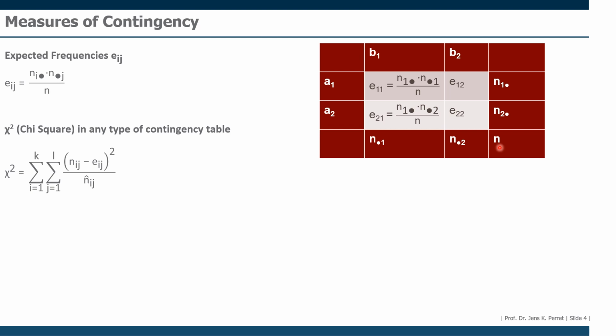And what holds for the number of observations also holds for the size of the table. If we increase the table, there are many more different elements, so we add up many more different terms in the calculation of the chi-squared. So it would also be nice to correct for the size of our contingency table. And that's what we're going to do next.